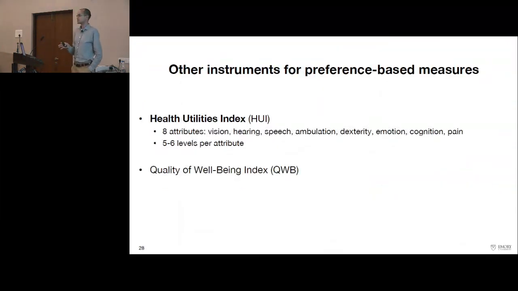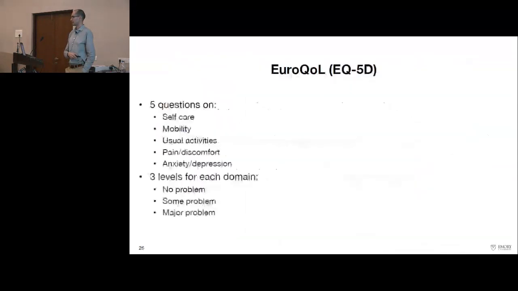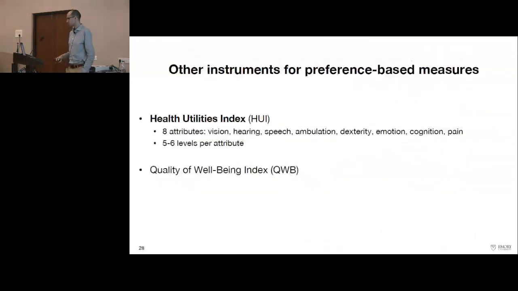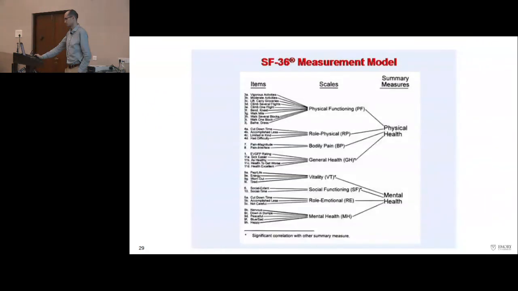There are other instruments. EQ5D is not the only one. I'll just mention there is a Health Utilities Index. This one has 8 attributes and 5 to 6 levels of answers. The EQ5D had 5 questions and 3 levels. There's a Quality of Wellbeing Index. So there are all these different metrics that are based on a similar idea. But I will not go into the details.